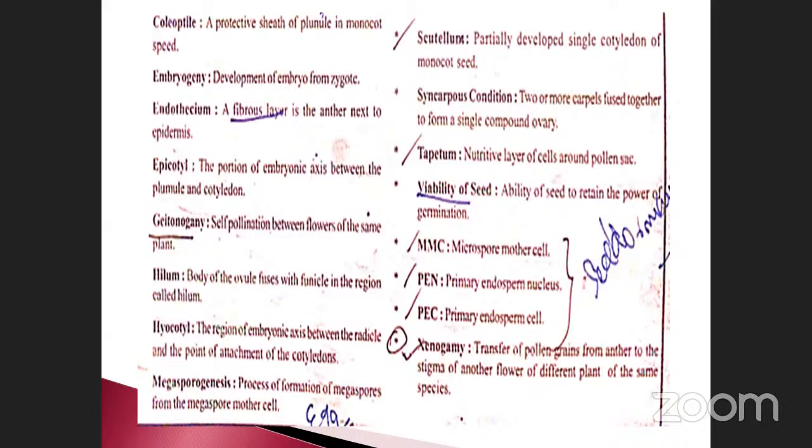Once again, repeat for you. What is meant by xenogamy? Xenogamy is the transfer of pollen grain from the anther to the stigma of another flower of a different plant of the same species. Xenogamy is nothing but both plants are different in nature. One may be from Solanaceae, another may be from the Malvaceae family.